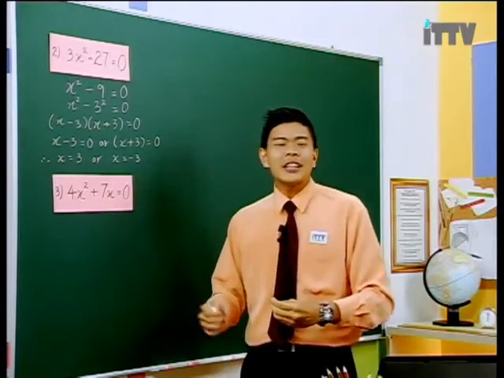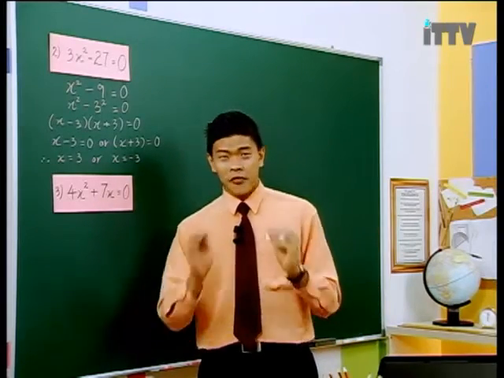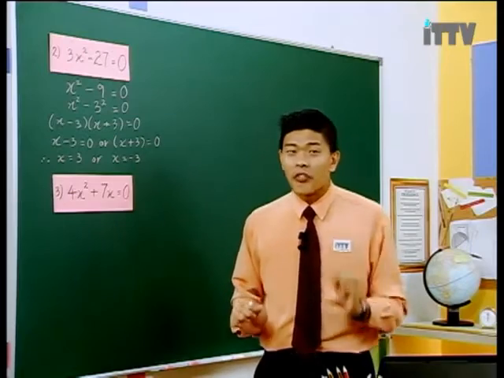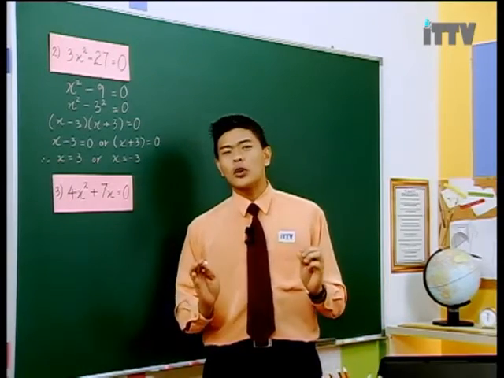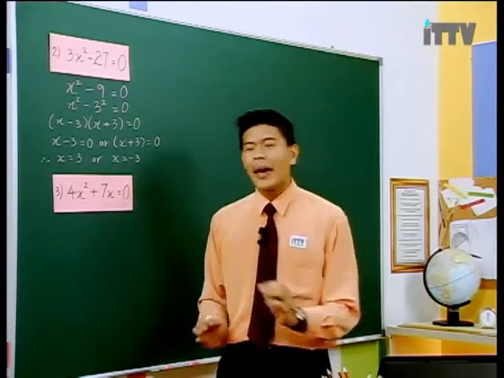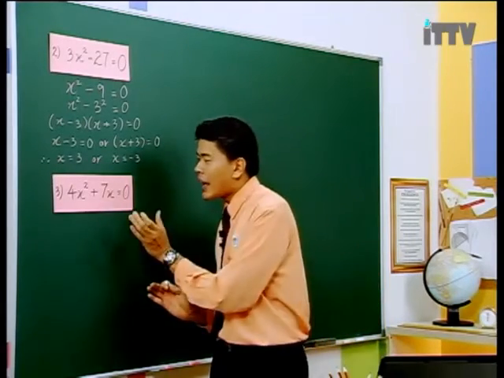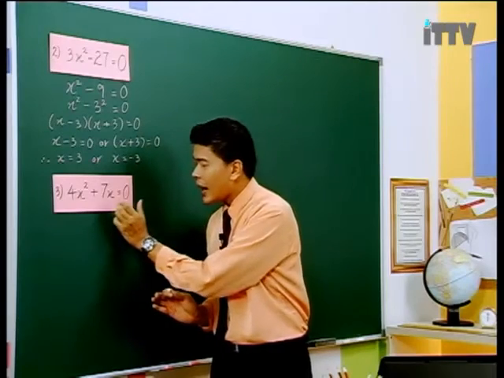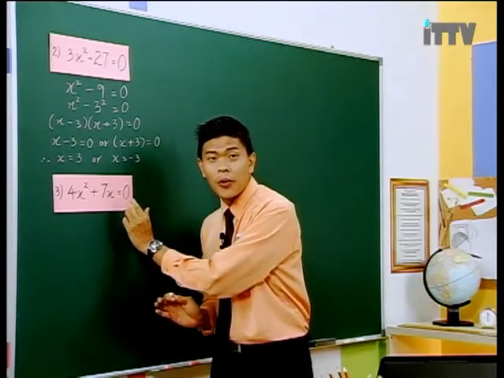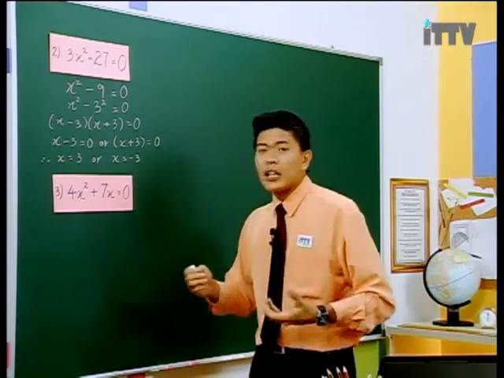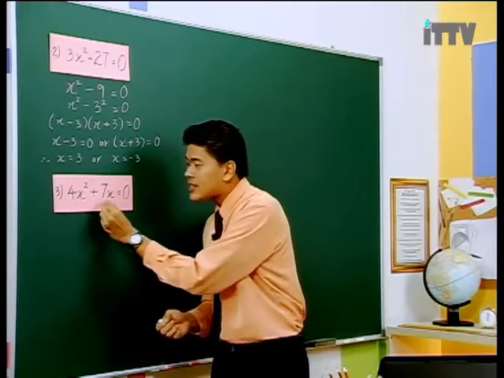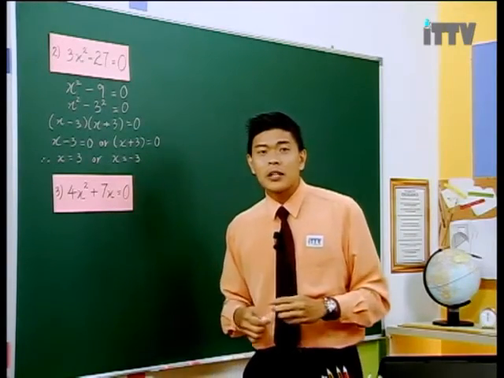So in case 3, apply the same methods. First one, always make sure before you factorize, your quadratic equation is in the general form. And this quadratic equation is already in the general form when everything has been pushed to one side and the other side is 0. Secondly, look, can you simplify? 4 and 7, nope, none are multiples of each other.